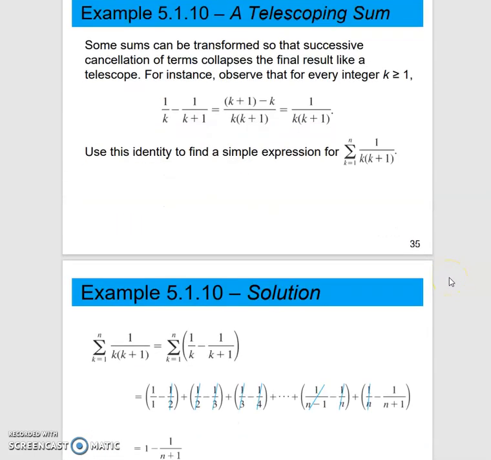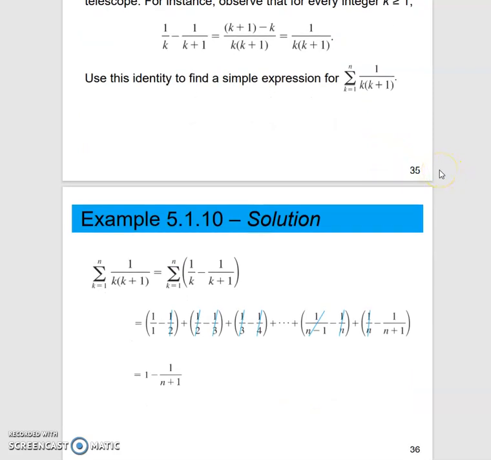Let's talk about a specific type of series, which is called a telescoping series, and these are generally in the form of 1 over k minus 1 over k plus 1, or we can express it as the sum of 1 over k times k plus 1. Well, what happens if we run a few terms out on that? Here you can see we've run out a few terms, and then we've got the last 2 as well.